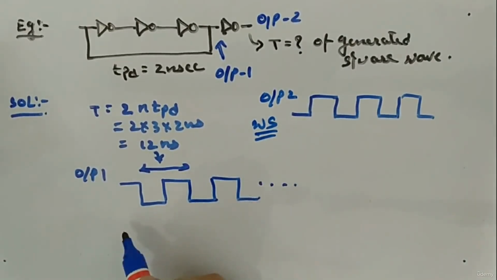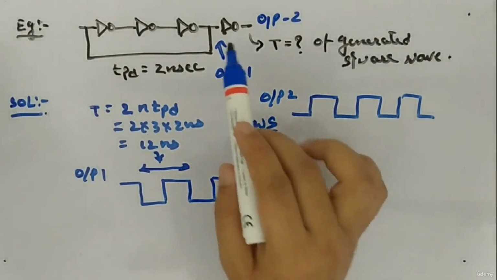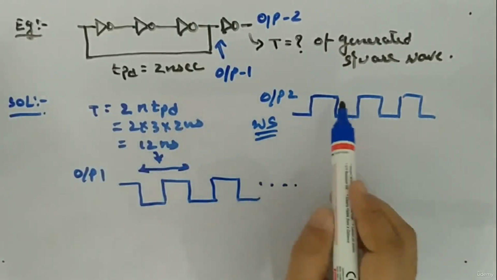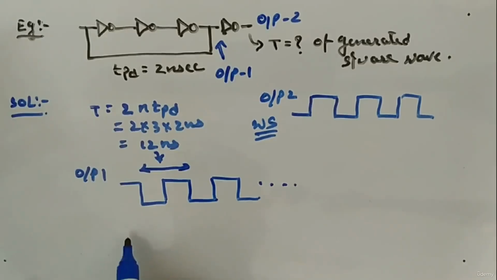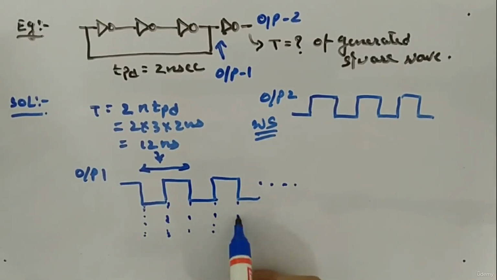Okay, without shift, and now there is a propagation delay of 2 nanoseconds. So this waveform you just shift by 2 nanoseconds. I'll make the lines so that it will be clearly visible.